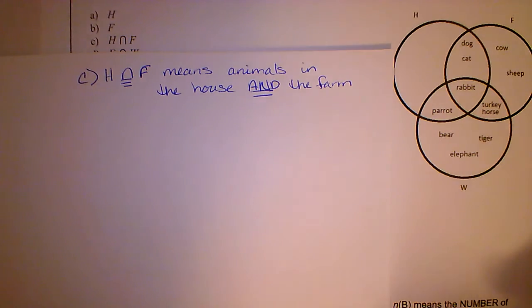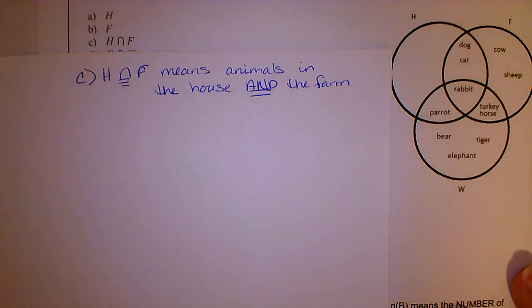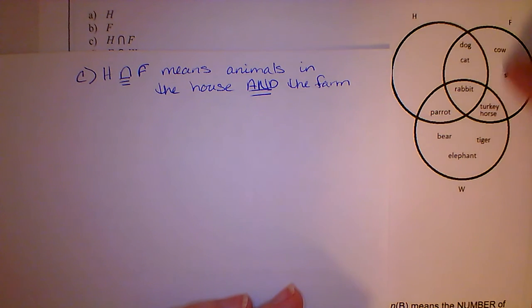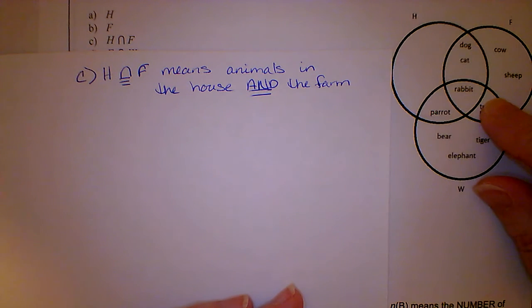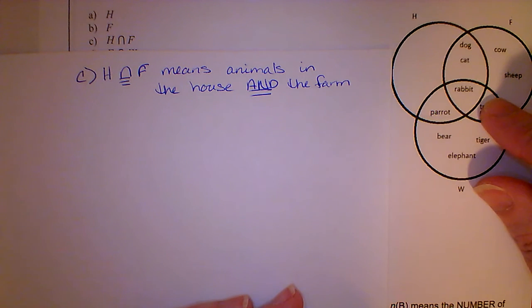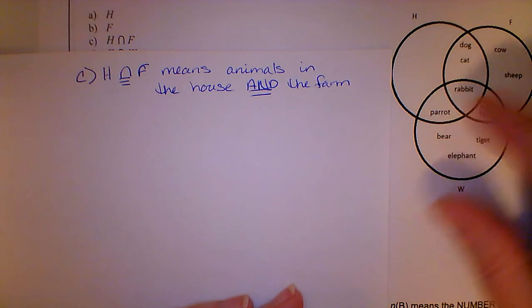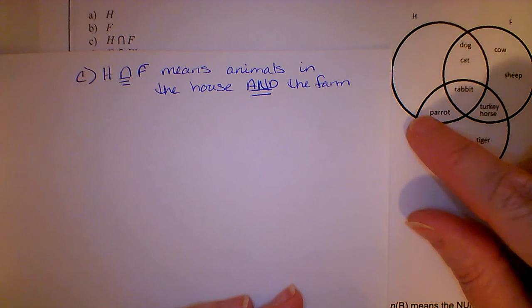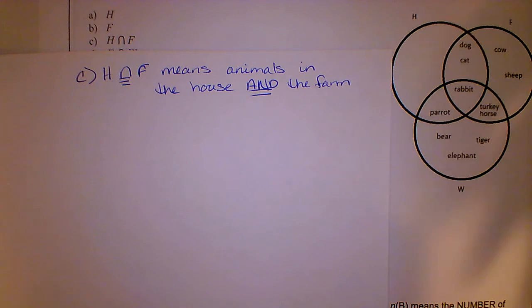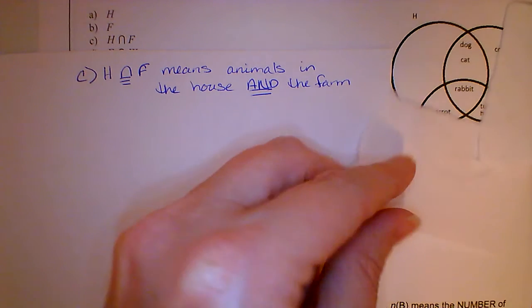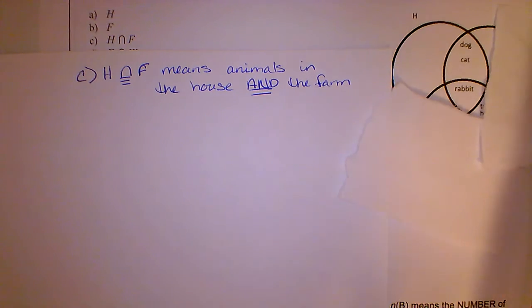I need all the animals that are in circle H and at the same time in circle F. So I'm not going to worry about any of the ones over here. All of these guys over here, they're in circle F, but they're not in circle H, and I need them to be in both circles. The parrot is in circle H, but notice the parrot is not in circle F. I need animals that are in both H and in F. So I'm going to cover up the pieces I don't want.